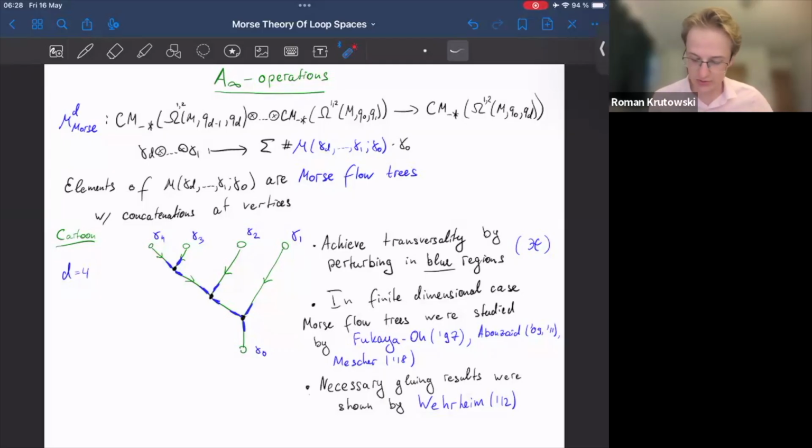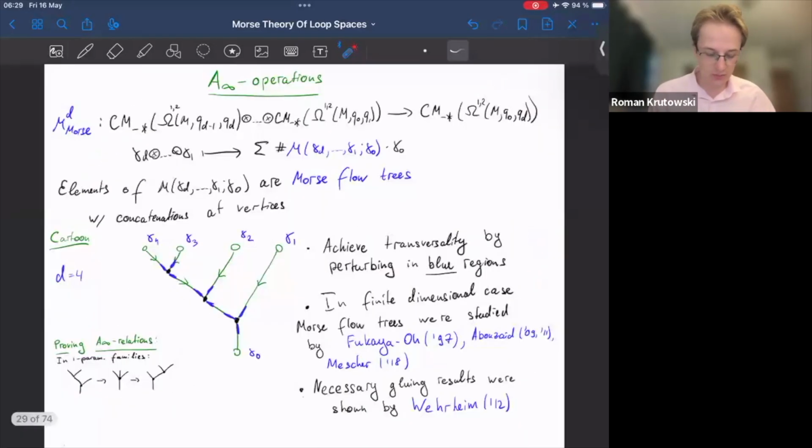And in the finite dimensional case, this approach to Morse flow trees was pioneered by Fukaya and others. Later, this idea of working with pseudogradients was worked out by Mohammed Abouzaid and Stefan Mescher. And also one needs to do certain gluing here, and the necessary gluing results were shown by Catherine Backrain.